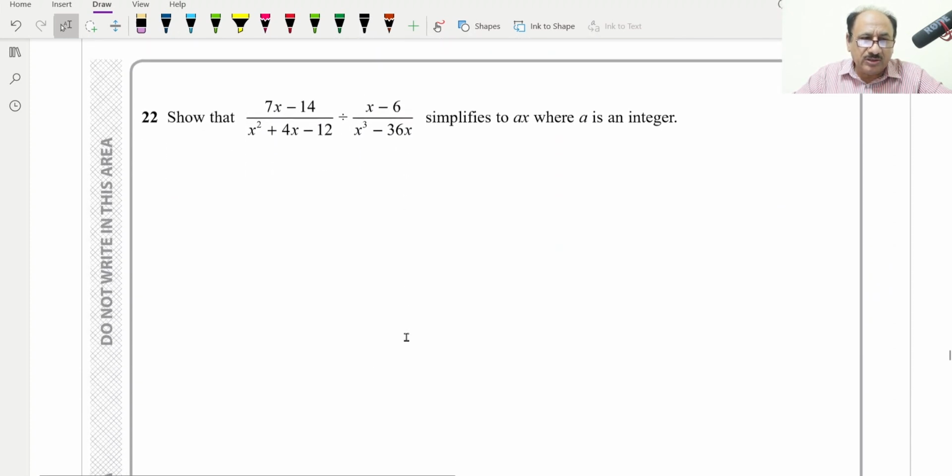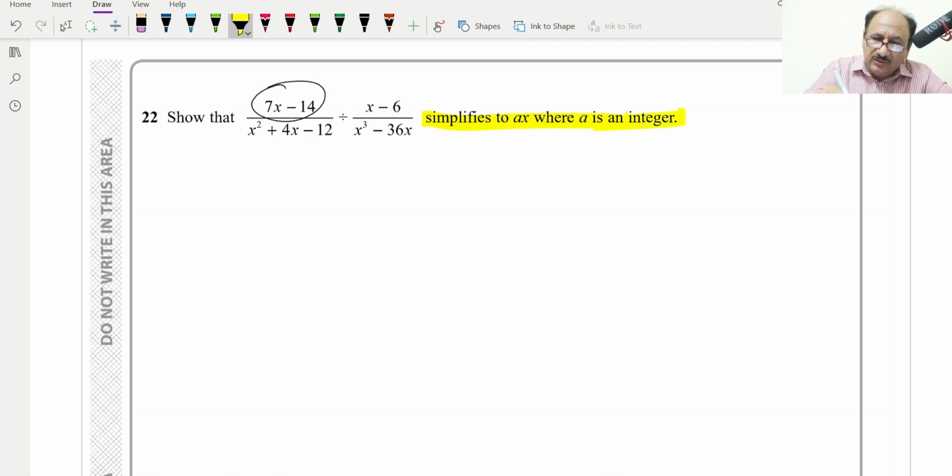Now question number 24, which is 22, sorry, which is algebraic division. So what we will do, we will take common from this denominator. We have to simplify to ax, where a is an integer.